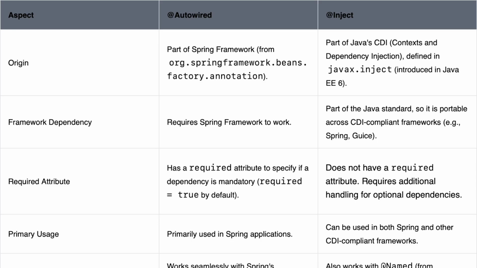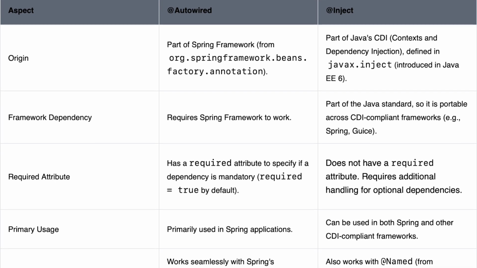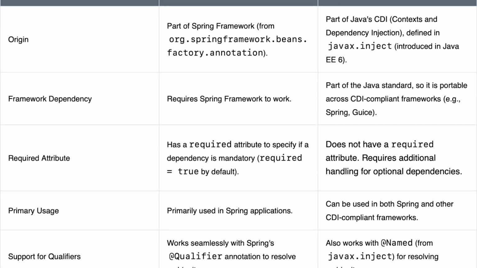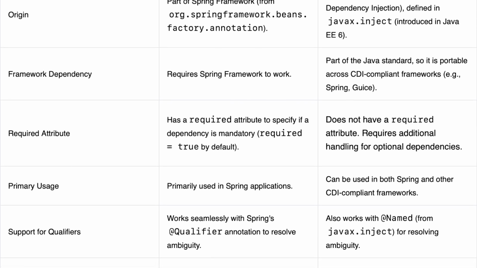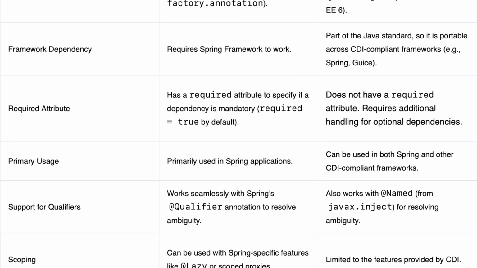Now the primary use of Autowired is in Spring applications, but the Inject annotation can be used in both Spring and other CDI compliant frameworks. Autowired works seamlessly with the Qualifier annotation to resolve ambiguity, and Inject works with the Named annotation for resolving ambiguity.